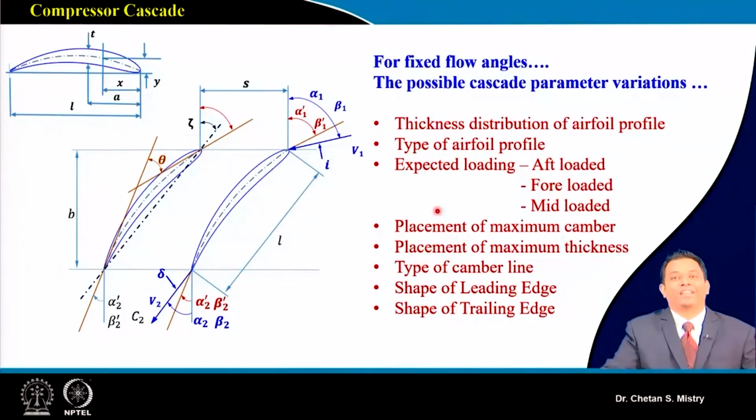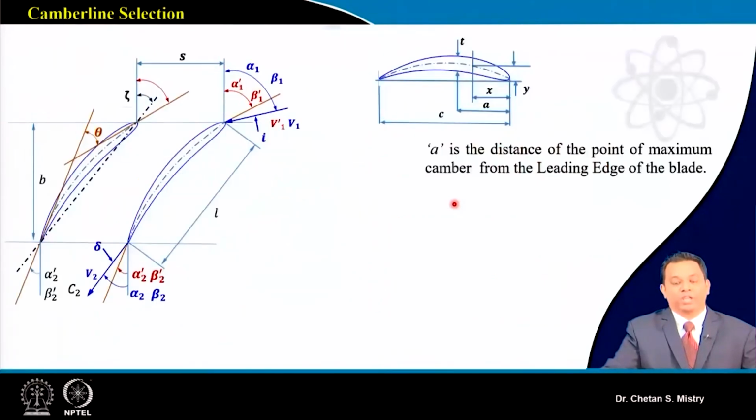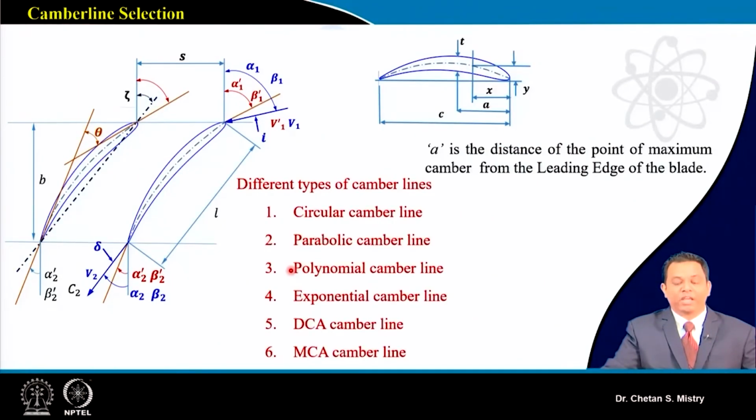Now, today we will be discussing how we decide on the camber lines. If you look here, there are different types of camber lines which people have explored or which are available in open literature. And as of today, for running engines, all these kinds of camber lines are in use.